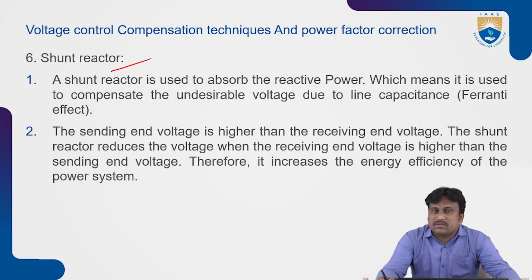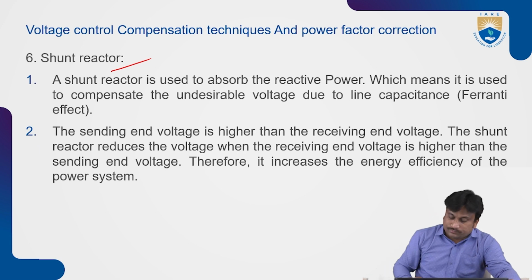Usually the receiving end voltage is higher than the sending end voltage, and that is associated with the Ferranti effect. Shunt reactors reduce the voltage when the receiving end voltage is higher than the sending end voltage. That means it increases the energy efficiency of the entire power system network.